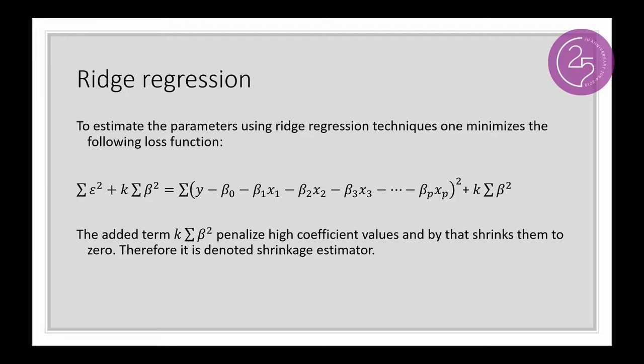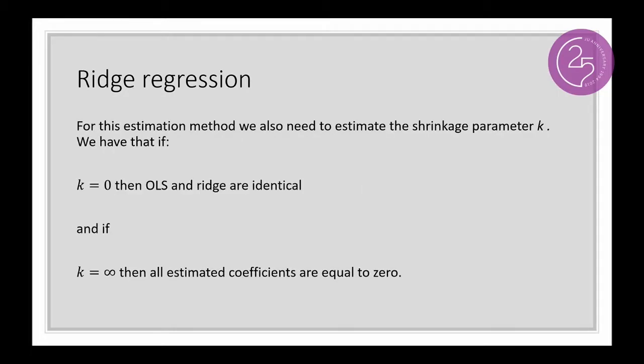If k is equal to infinity, the loss function will be infinitely big, and all parameters will be equal to 0. So of course, it should be a value between 0 and infinity, preferably as close to 0 as possible to introduce as little bias as possible. So that is the idea of ridge regression.